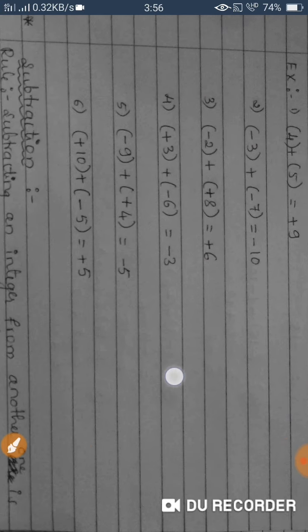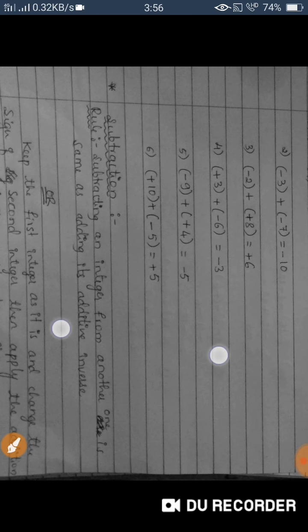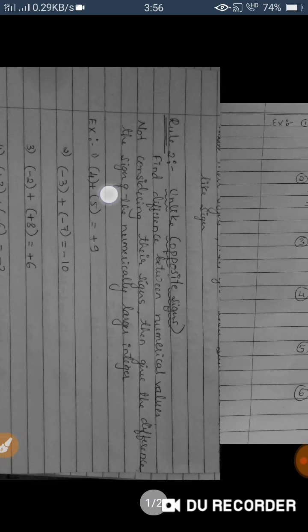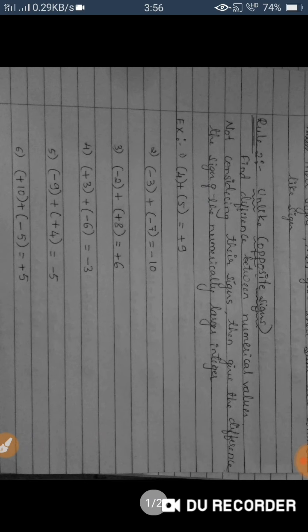So I hope you understand how to do the addition of two integers when both signs are the same and when both signs are different. Once again I'll recall the rule for you. The first rule of addition is, just see whether the integers have the same sign or different.